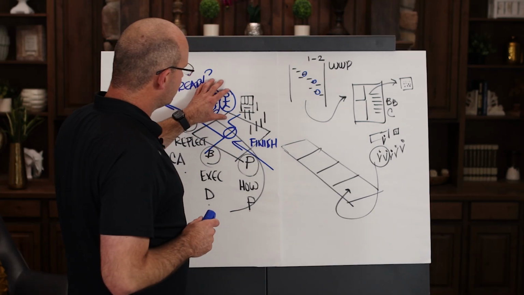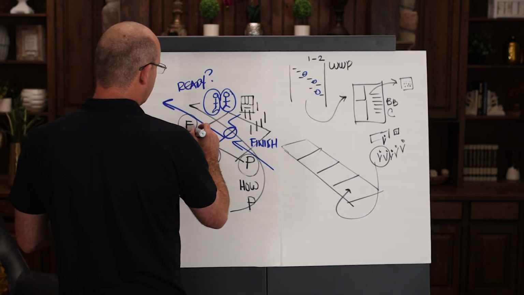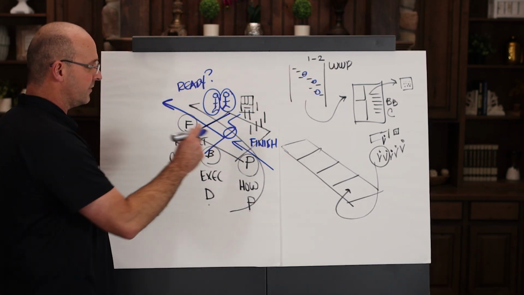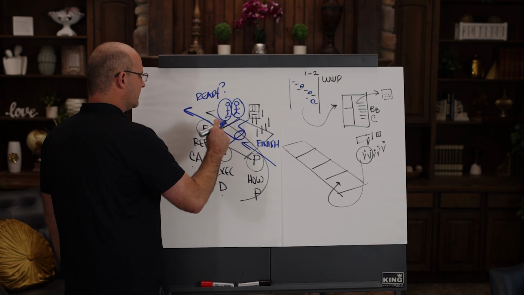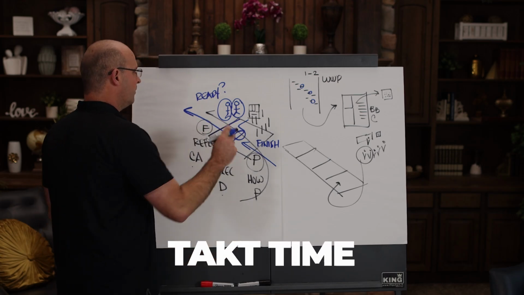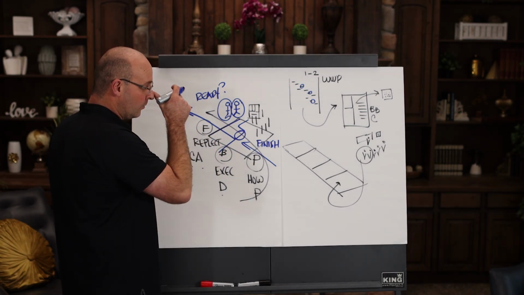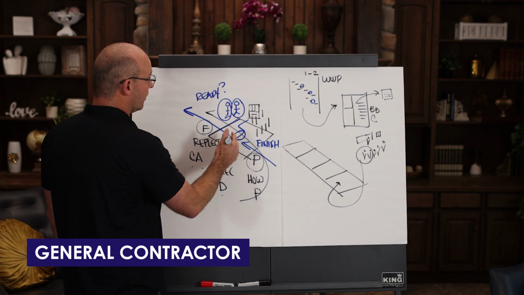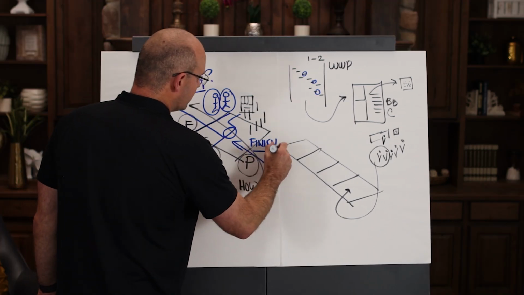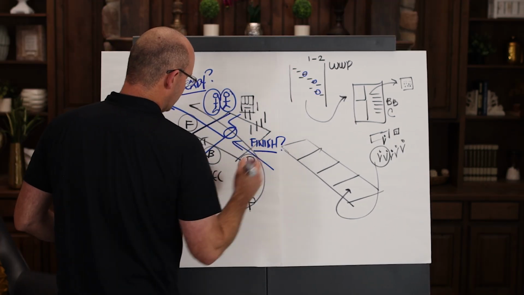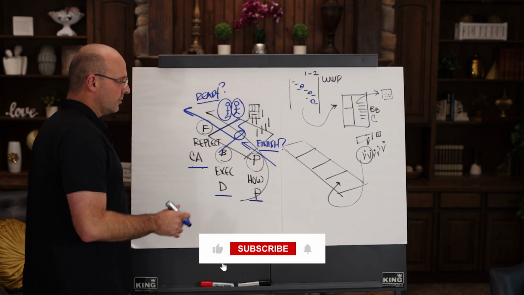100%. So these zone control walks are confirming that that trade partner can successfully, without pushing, finish up to the end of that zone boundary, to the end of their takt time, on time, within their cycle time, and that we as a general contractor are clearing the way and we're helping them finish as we go so that we don't have to come back. So that's zone control.